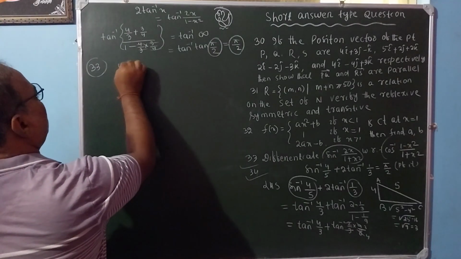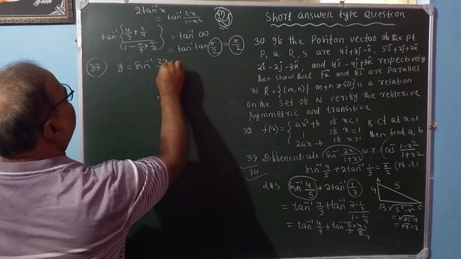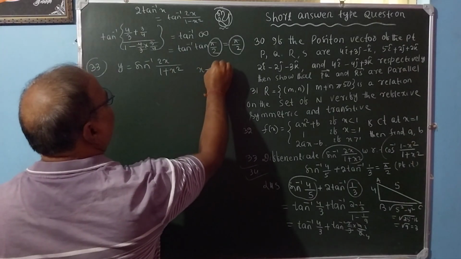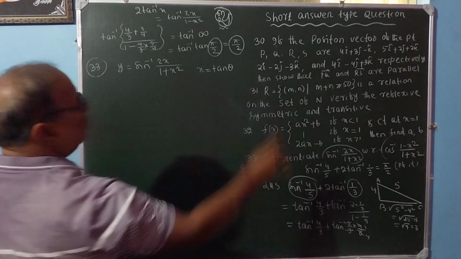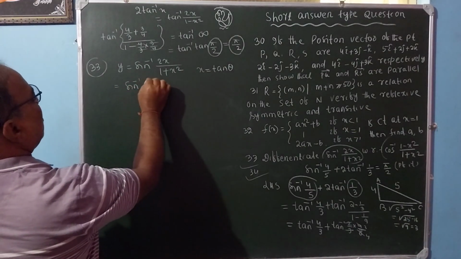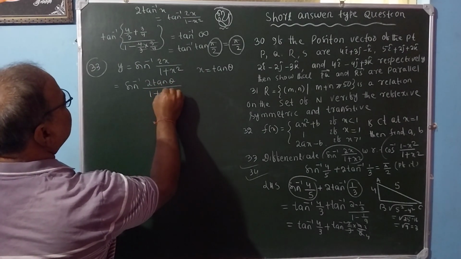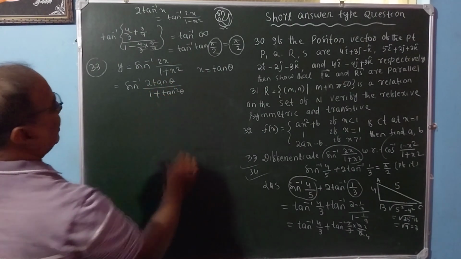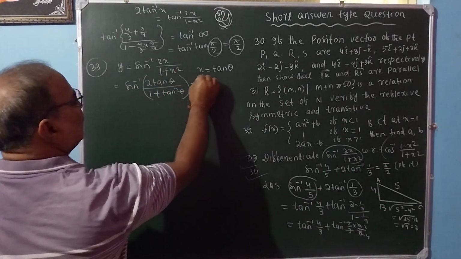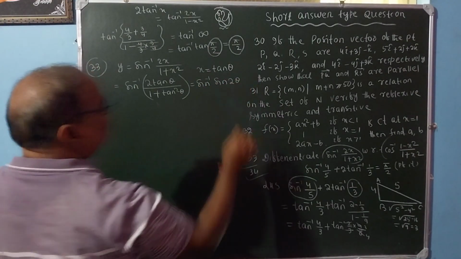Write down, let y is equal to sin inverse 2x divided by 1 plus x square. So put x is equal to tan theta. So that is sin inverse 2 tan theta divided by 1 plus tan square theta, which is equal to sin 2 theta.